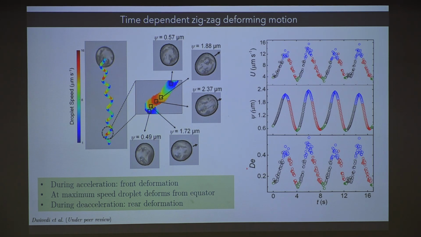So psi is a parameter which calculates the deformation of the droplet shape. With increasing speed, the droplets become more and more deformed, but the deformation first appears at the front, and then shifts towards the center. At this instant, the droplet is maximally deformed. Then the deformation shifts towards the rear, the deformation decreases, and eventually the droplet comes to a minimum speed state where the deformation is also minimum. Right?